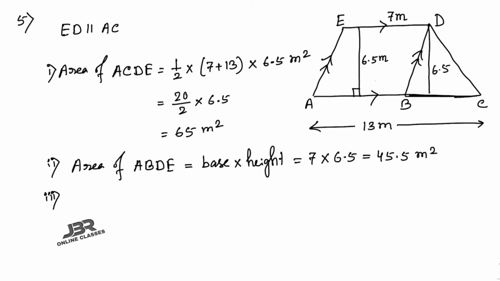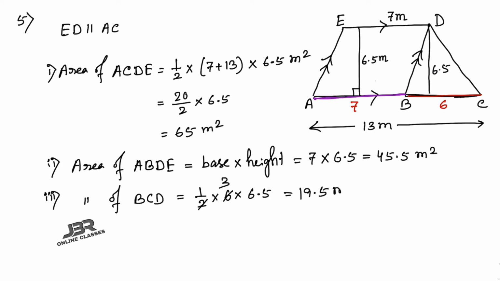As this portion, the purple one, is 7, then definitely BC, the red one, equals 6, because 7 plus 6 equals 13. So the area of triangle BCD is half into base into height. So it's 19.5 meter square. That is your answer. Now next, sum number 6.